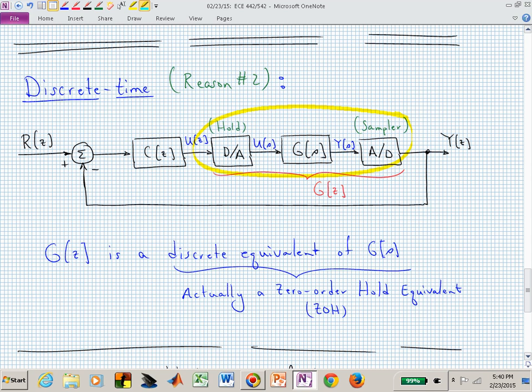I could ask you, what's the difference equation relationship between the input and the output given G of Z? And now you know how to build that, I hope, after exam 1. If I give you a transfer function, capital G of Z, relating some input to an output, you should be able to cross-multiply and produce the difference equation that relates the inputs to the outputs. You can do that once you have this capital G of Z.